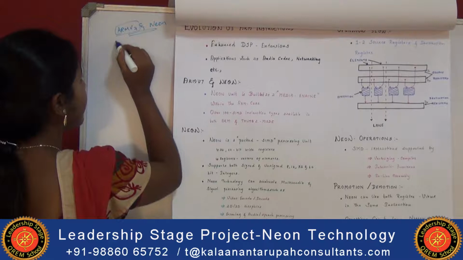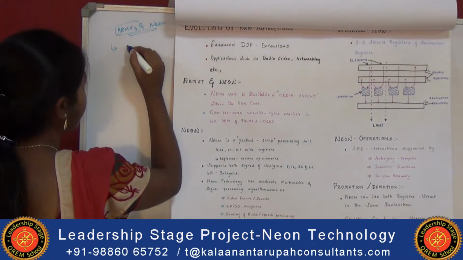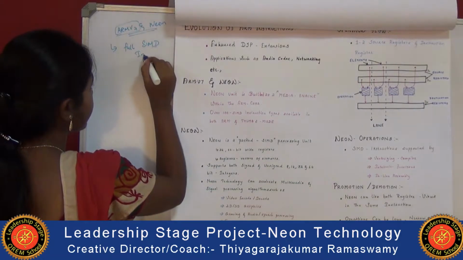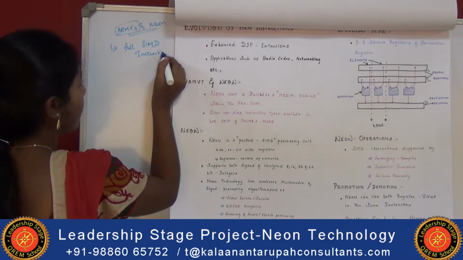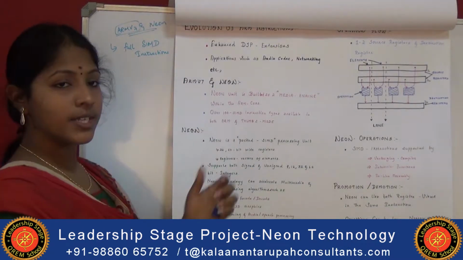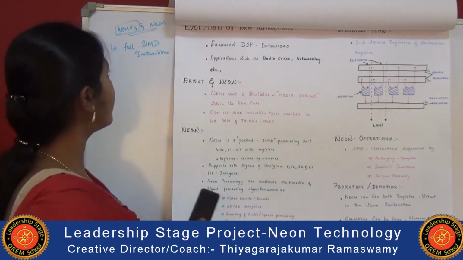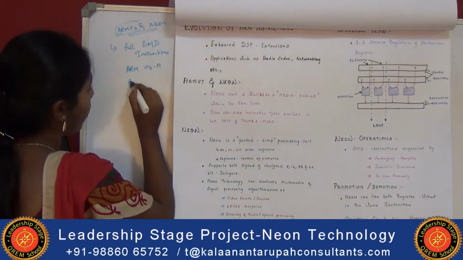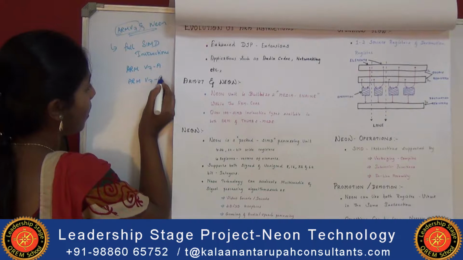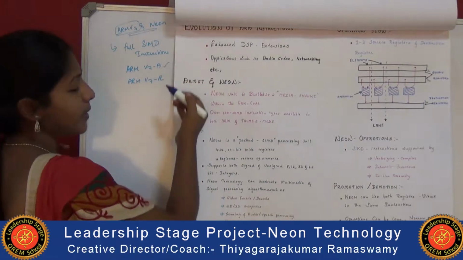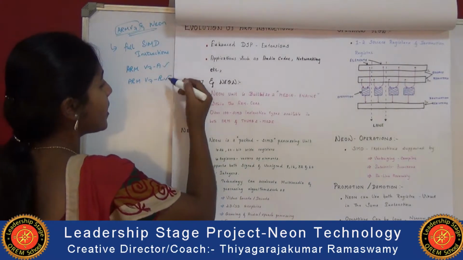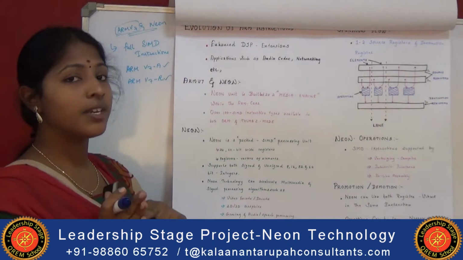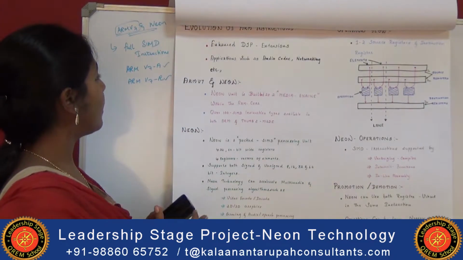ARM version 7 introduced the full SIMD instruction set, that is, the entire SIMD instructions, as an optional extension to the ARM V7 A profile and ARM V7 R profile. The A profile is the application profile, and the R profile denotes the real-time profile.